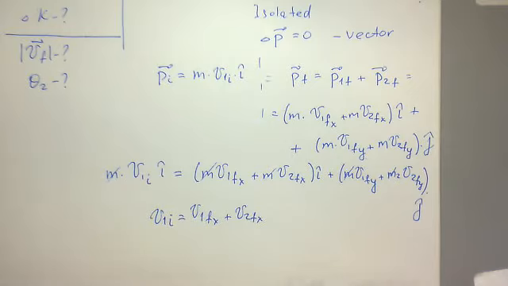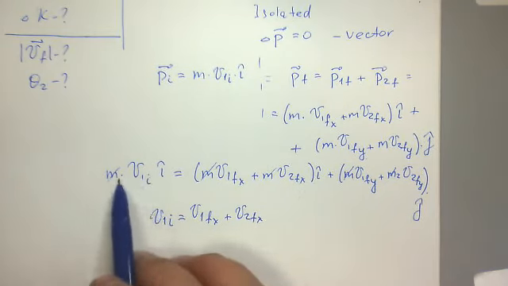Okay. And the same here. So the J component of the final momentum must be equal to the J component of the initial momentum.